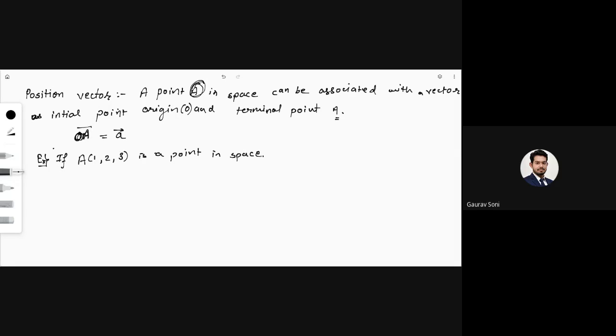So in three-dimensional space, 1, 2, 3 is there. So the position vector of A (1, 2, 3) is OA bar, which is also denoted by A bar, and which is 1 into i plus 2 into j plus 3 into k.